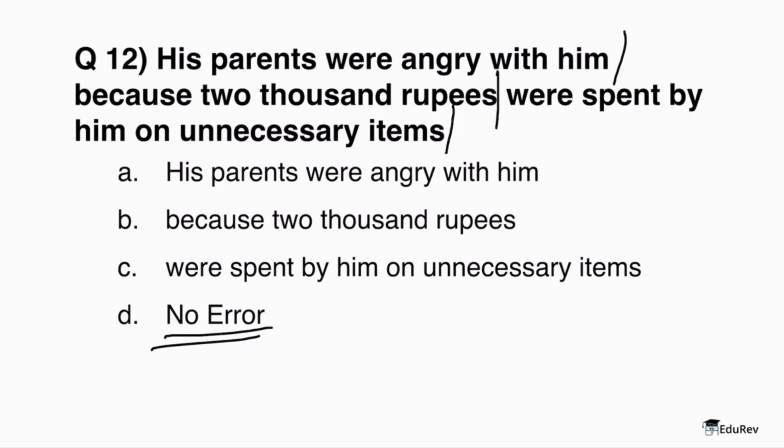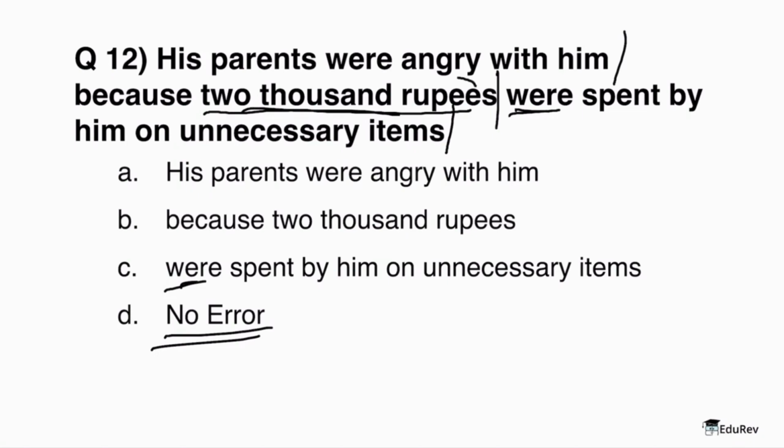See here, the combination of numeral adjective plus plural noun gives an impression of a certain value, height, weight, distance, etc. And therefore the verb should be in singular form. This verb in part C should have been in singular form because there is a combination of a numeral adjective plus a plural noun.